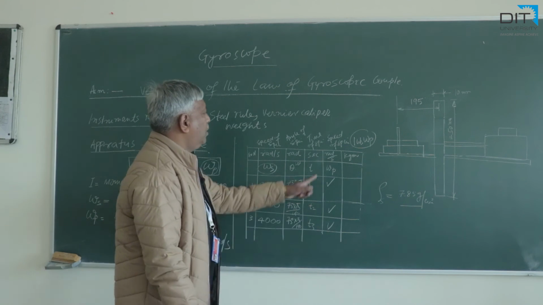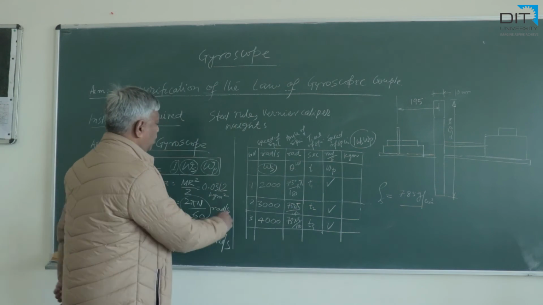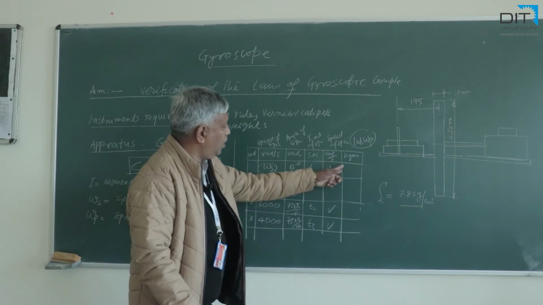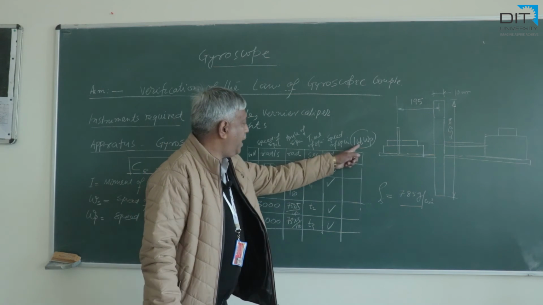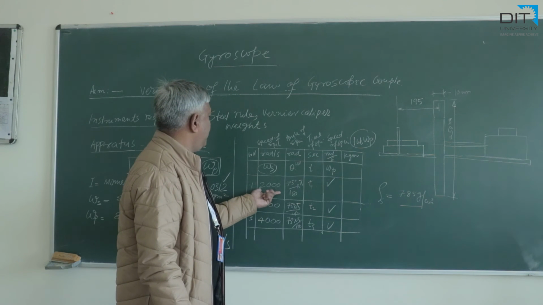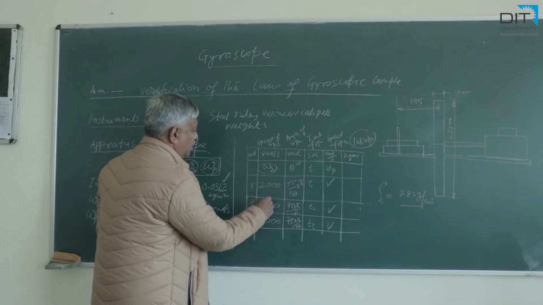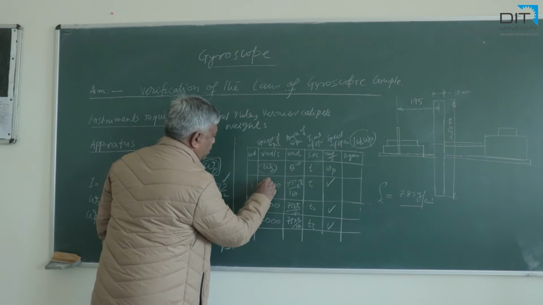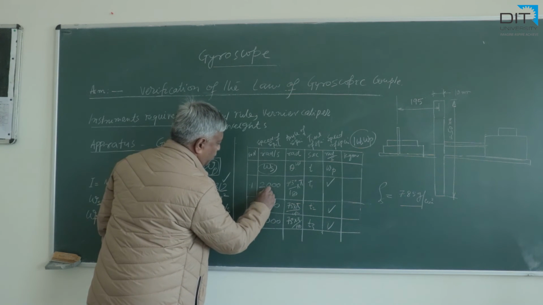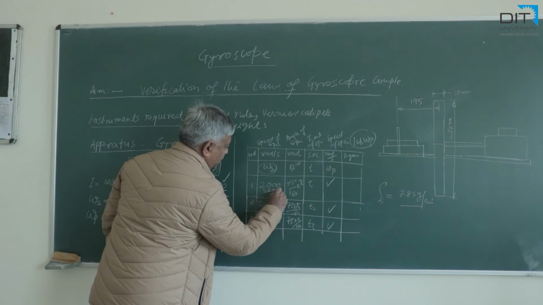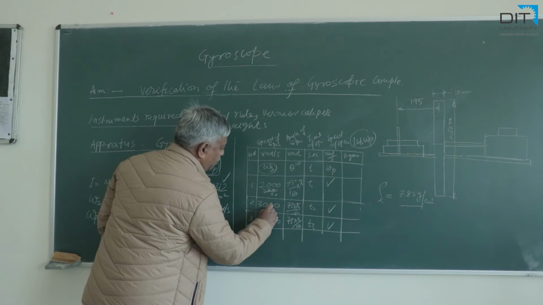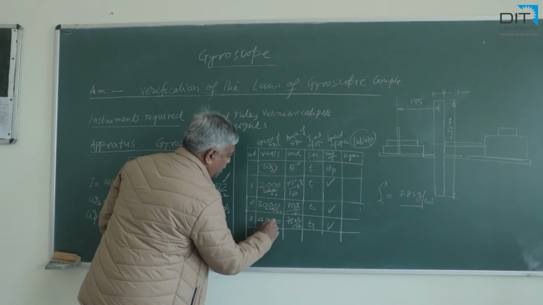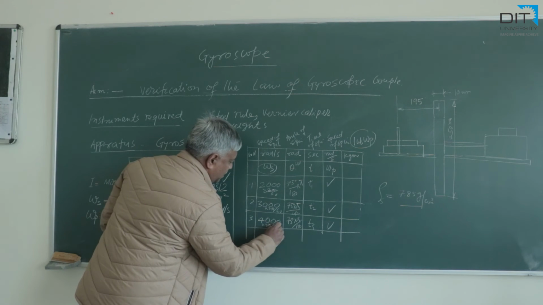How can we calculate? I we know is calculated already and will be constant for all the observations. Omega s will be taken from here: 2000 into 2 pi by 60, 3000 into 2 pi by 60.